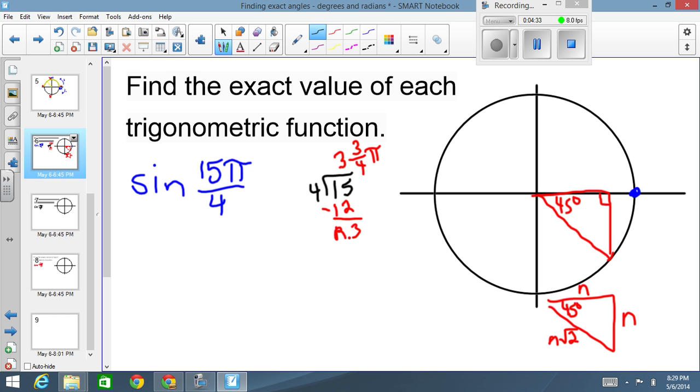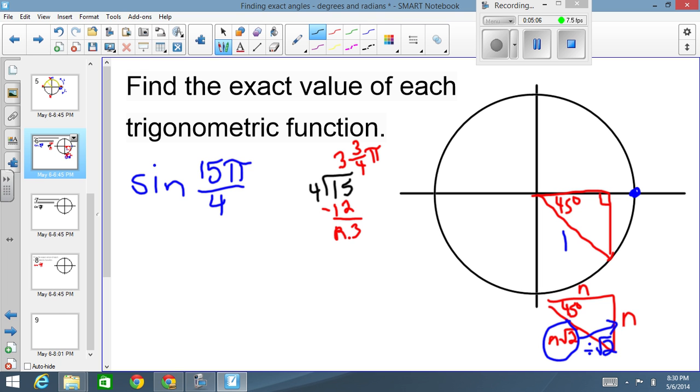Always remember that in the unit circle, every radius is equal to 1, is a length of 1. So this radius is 1. Now we already have practice doing the rest of this because these are just like the ones we just did. So if I'm going from a radius to a shorter side, I'm going to divide by radical 2. Because I'm going from n radical 2 to just n, so I'm doing whatever I can to get rid of the radical 2.